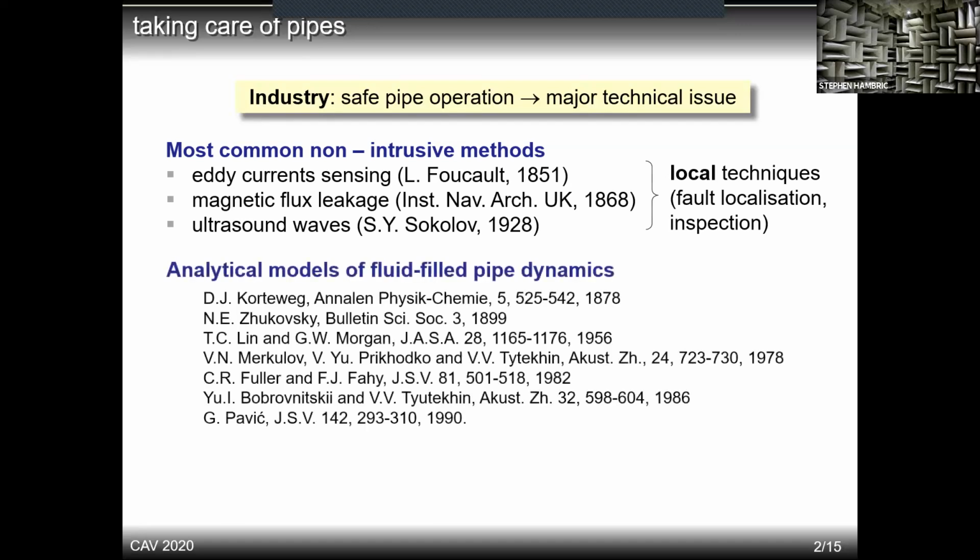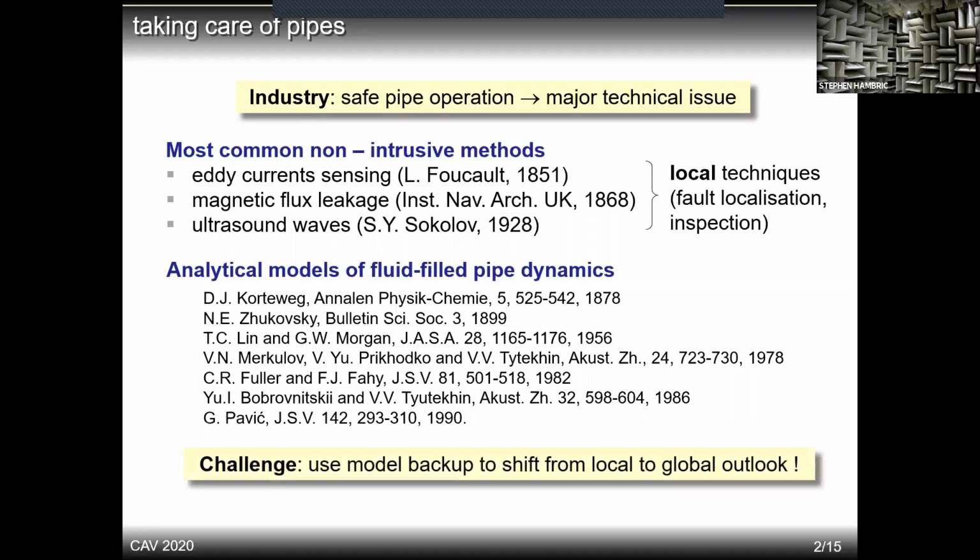On the other hand, modeling of dynamics of fluid-filled pipes has been in development since the end of the 19th century. So we have at this point the question: can we use a pipe model in combination with measurements to shift from a local to a global outlook?